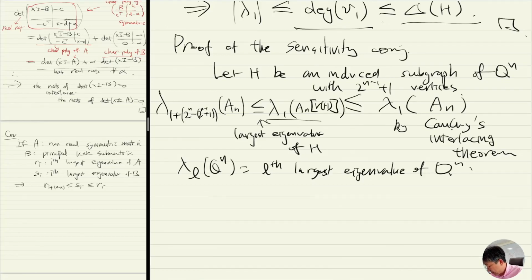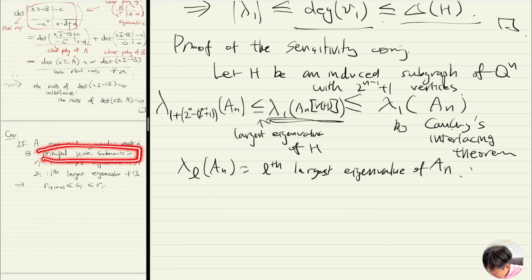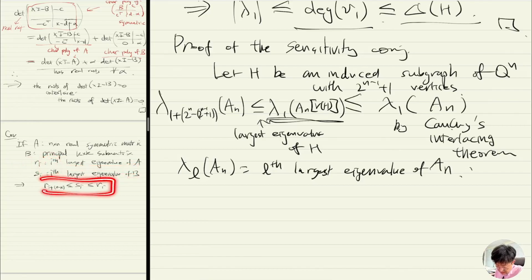All right. So if you look at this corollary, then in this case we have this principal m by n submatrix. So the i's largest eigenvalue of this submatrix has this relation. So we have this kind of relations.